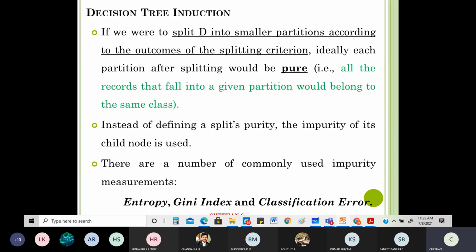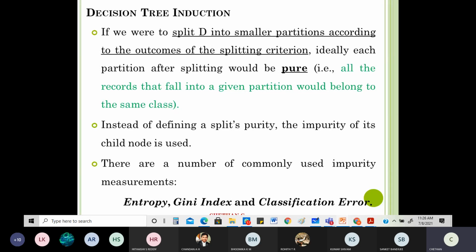We are going to take examples for it. We are going to learn about purity, impurity, everything, and also look into a number of commonly used impurity measurements, which are entropy, Gini index, and classification error. All those things you are going to learn. Of course, not in detail. Again, I'm saying it's not in detail.